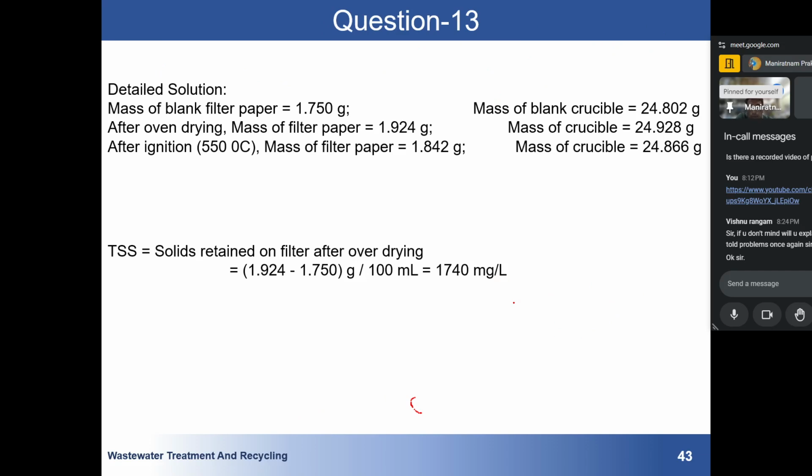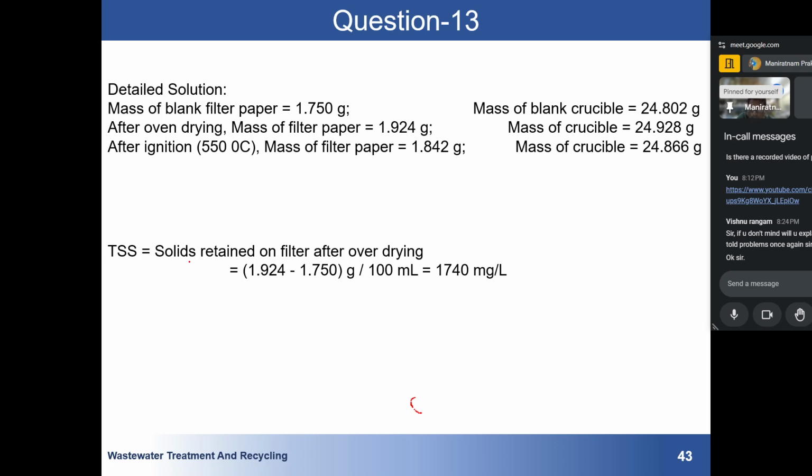The mass of the blank filter was 1.75. The mass of the filter paper after the drying oven was 1.92. So the total solid retained on the filter after the drying oven will be 1.92 minus 1.75, and the total volume was 100 ml. So it will be 1740 milligram per liter. So this is our total suspended solid.